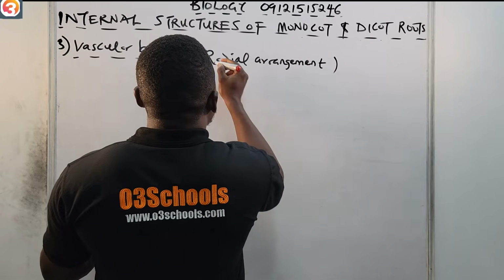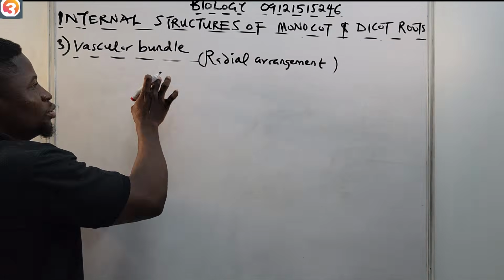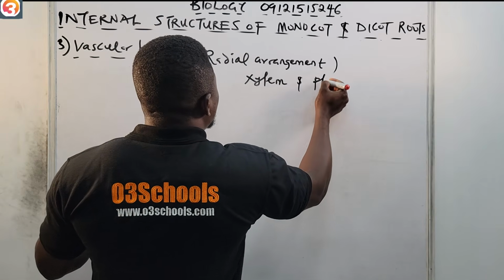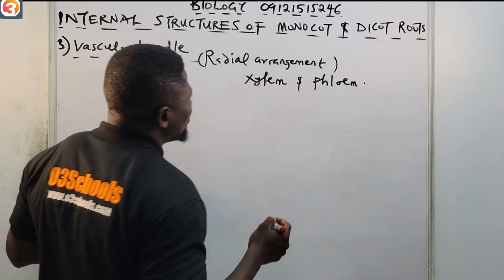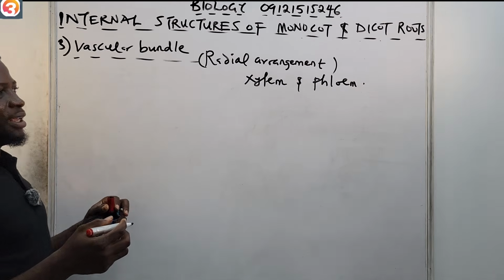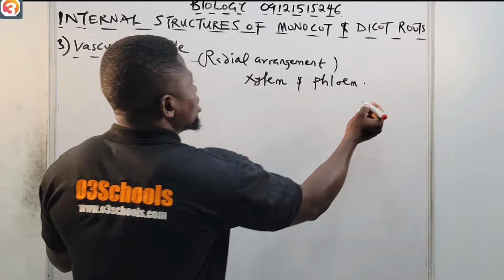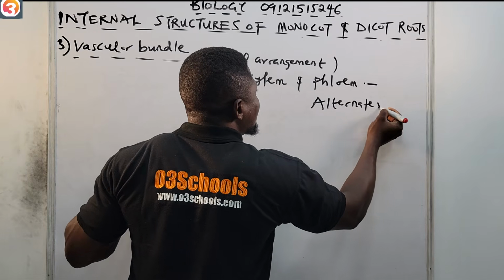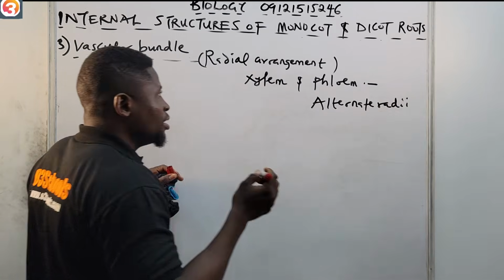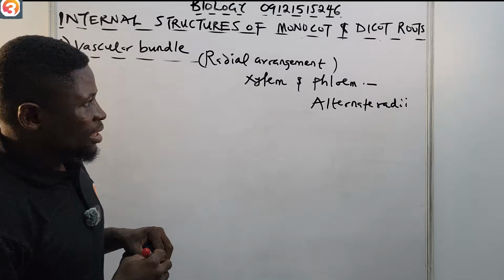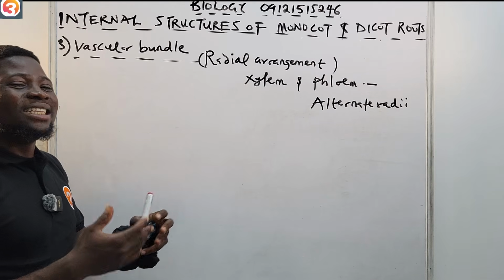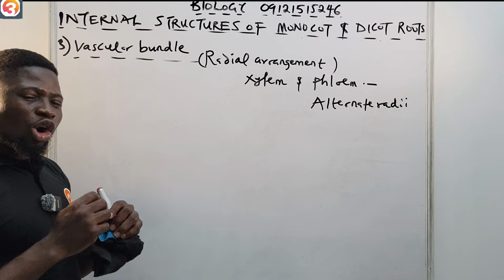You discover that the xylem and the phloem are arranged in alternate radii. The xylem and the phloem of a dicot root are arranged in alternate radii.